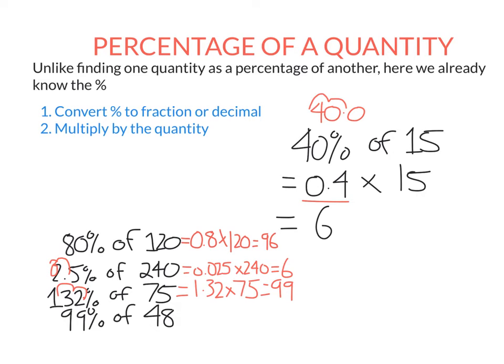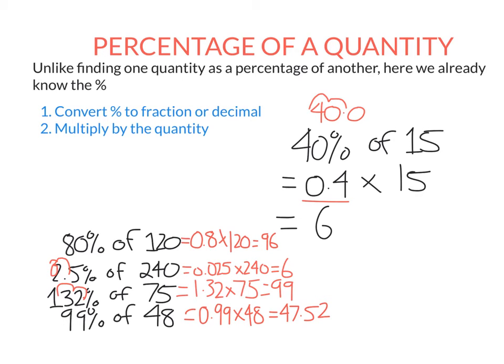If you get a number that's way far away from 48, you've done something wrong. We're not going to change the process here. We convert 99% to a decimal, which is 0.99, and then times it by 48. Should get 47.52. Again, this answer is just below 48. And it is. So we know we've done something right.